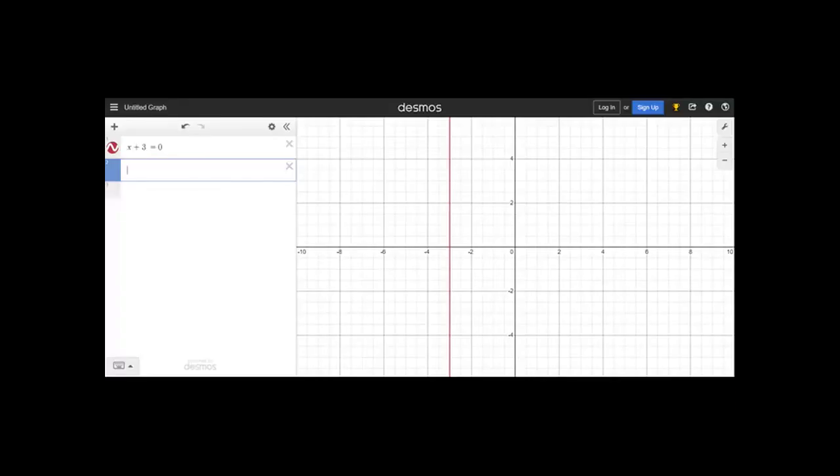Correct. So it will be what? Can you see here? It is a red line parallel to the y-axis, and it is passing through which point? Minus 3, 0.